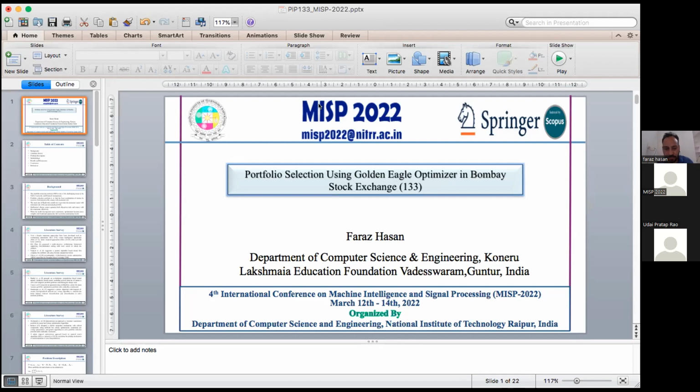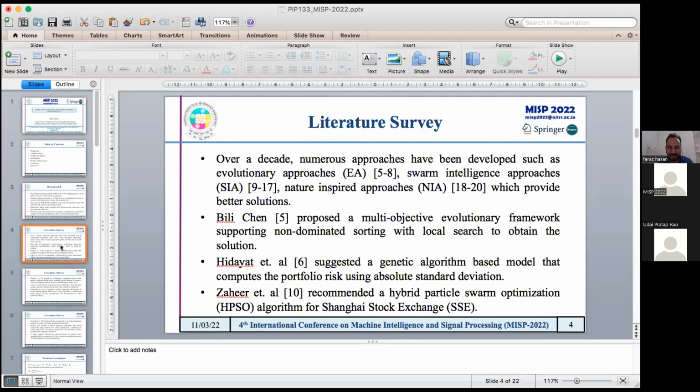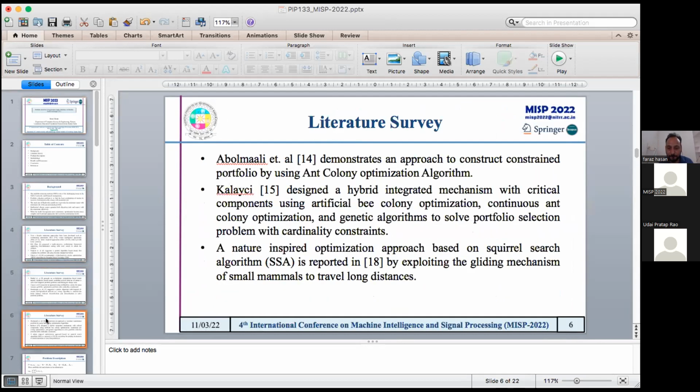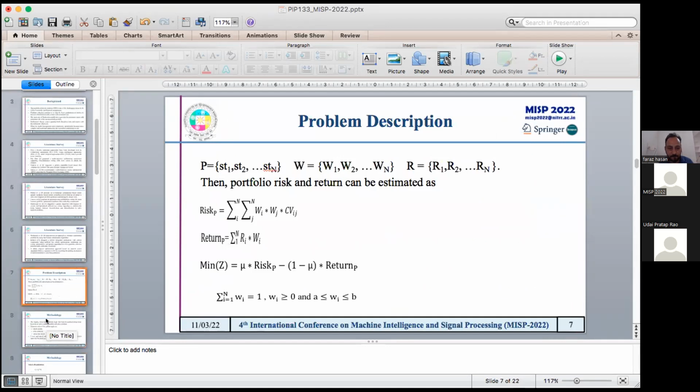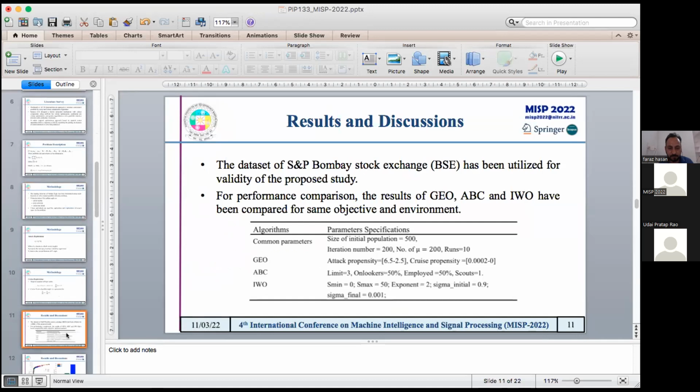Correct. Let me check, sir. As per my knowledge, it is correct. So you compared your result with ABC and IWO, no? IWO. What is IWO? Invasive weed optimization algorithm.